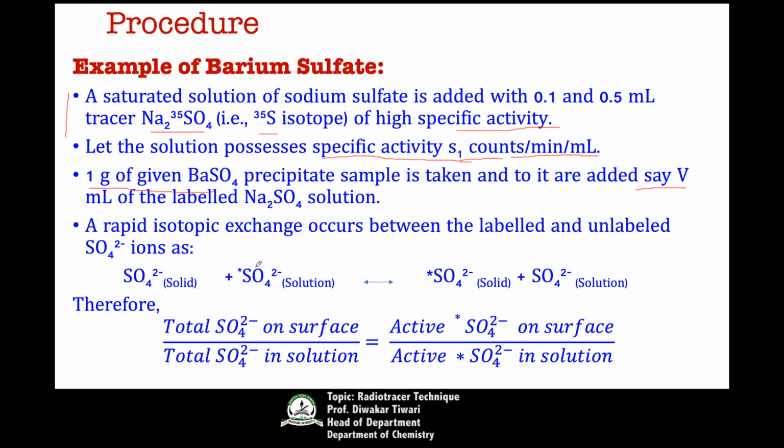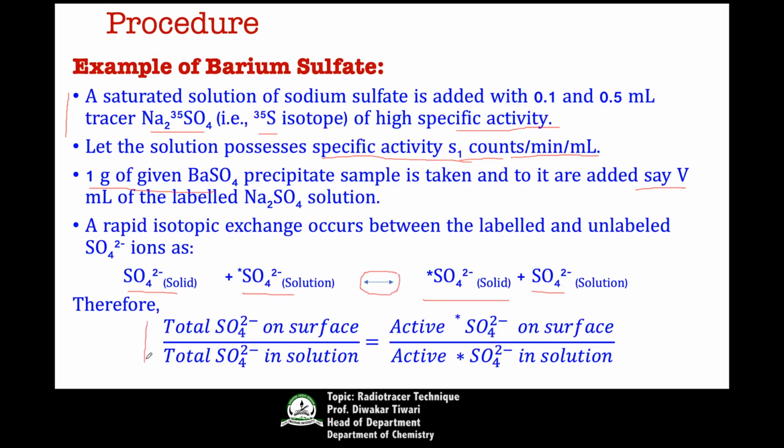So radioactive sulfate, which we represent as SO4 with a star, moved from the solution to the solid, and inactive sulfate moved from the solid to the solution. So this exchange takes place, and naturally a rapid equilibrium is established between the surface and the solution.